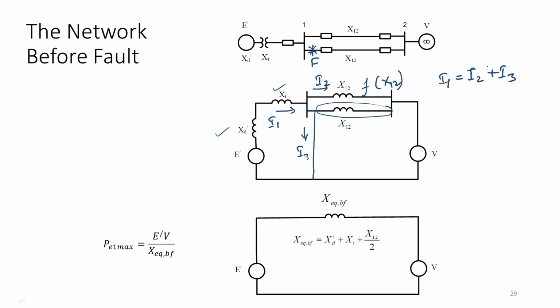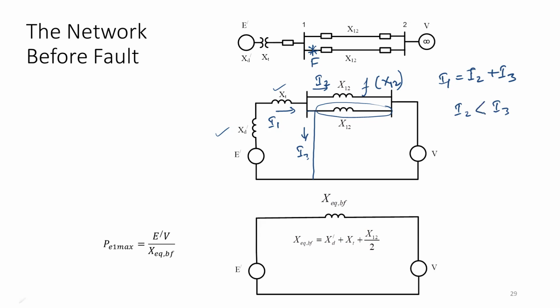Now one simple question: what will be the relationship between I2 and I3? If I say someone has to be greater or less, I3 is greater than I2?